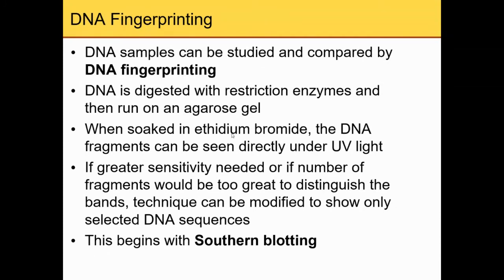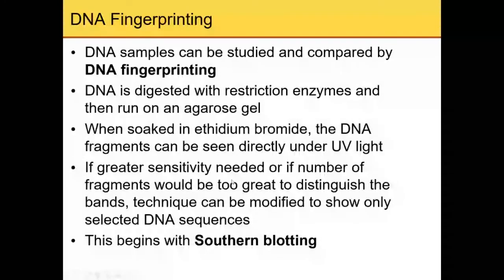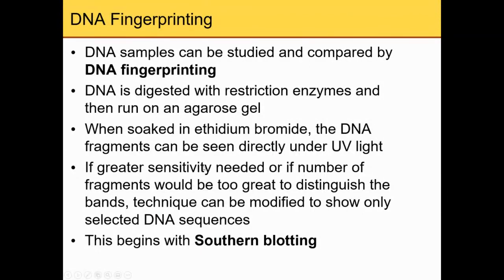After that, you transfer the DNA to a membrane, a nitrocellulose membrane, and then you use a fluorescence labeled probe or isotope labeled probe to hybridize the target DNA sequence, all right, and then you'll be able to visualize the location of the specific DNA, and this is called Southern blotting. It's kind of a DNA fingerprinting.